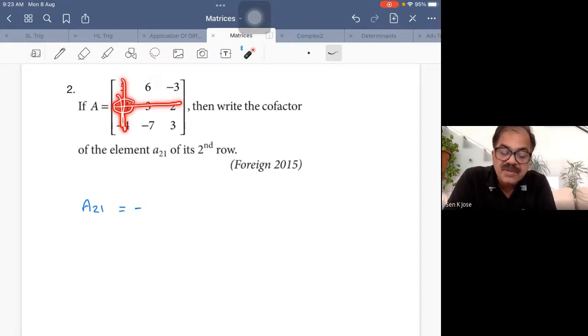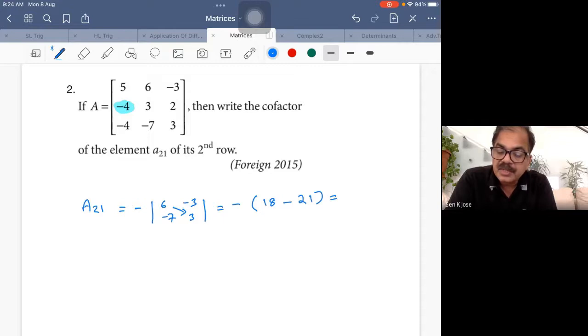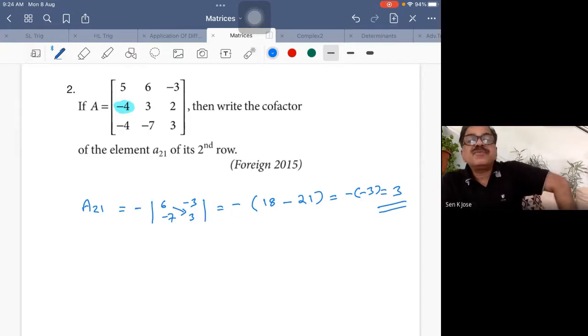You can see 4 different numbers now, 6, minus 3, minus 7, 3. You could directly cross multiply: minus of 6 into 3, 18, minus 21. That's minus of minus 3, which is 3. So that's the cofactor of A21.